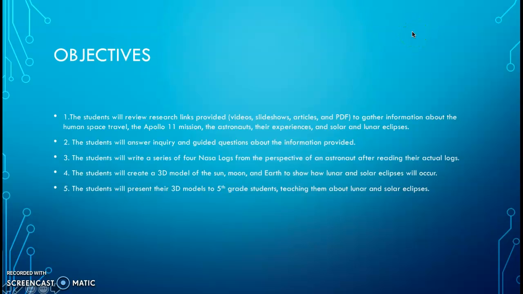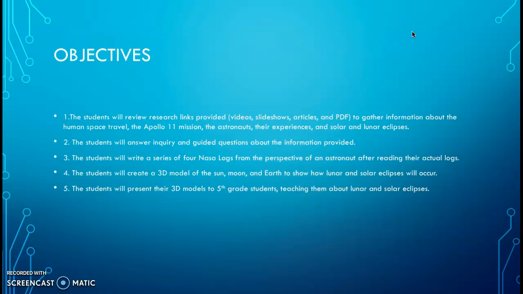So the objectives are that the students will review research, links provided, videos, slideshows, articles, and a PDF to gather information about human space travel, the Apollo 11 mission, the astronauts, their experiences, and the solar and lunar eclipses. Students will answer inquiry questions and guided questions about the information provided.